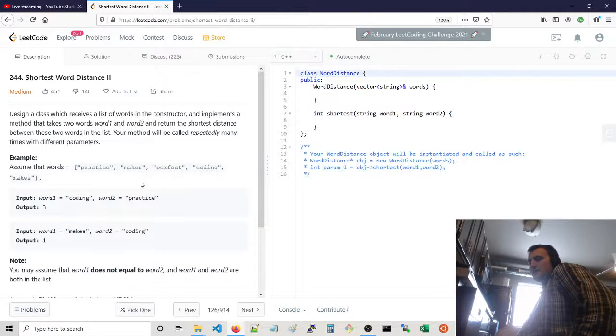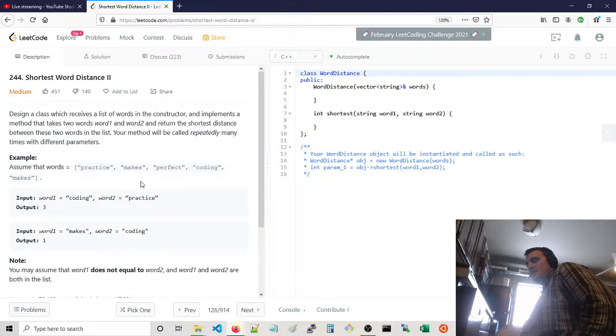So linear space and linear preprocessing with respect to the number of words, and then constant time lookup. However, things get kind of complicated when you consider that you could have multiple indices for a particular word.